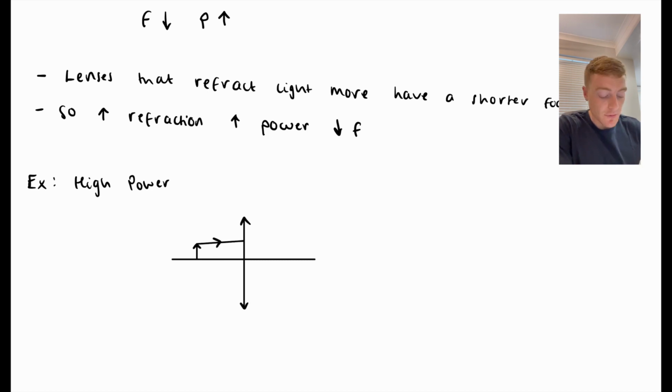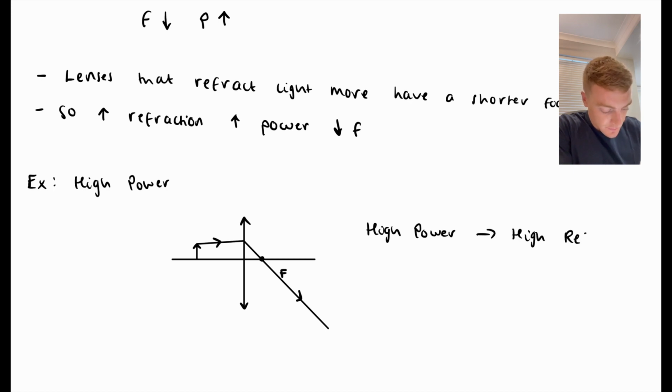Now this time it's going to have a really short focal length. So that means it's going to cause a high amount of refraction. So look how sharply that light ray bends when it meets the lens. So we've got high power leads to high refraction. And in this instance, we have a small focal length.